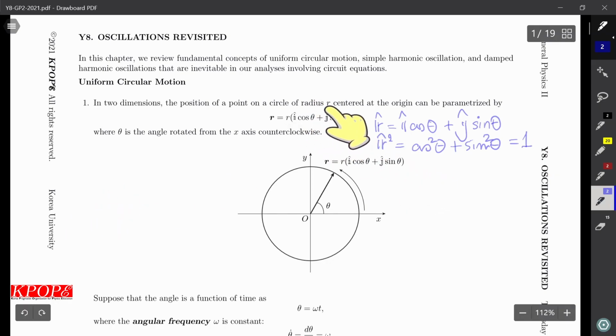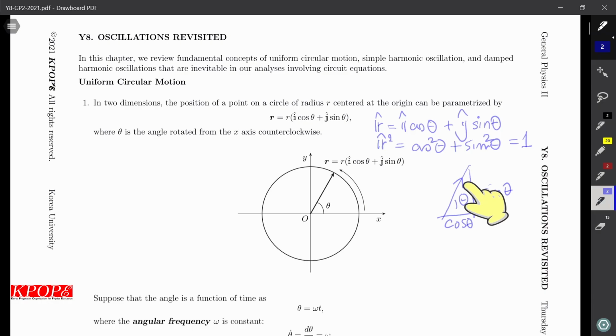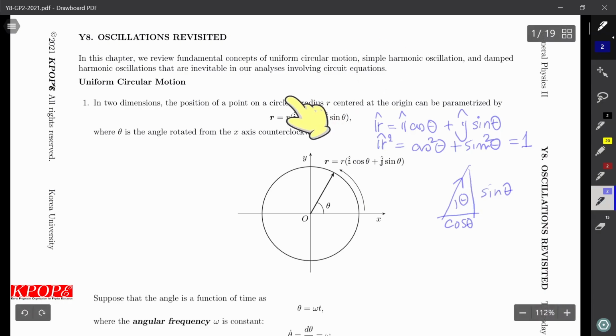The x component is cosine, the y component is sine, so this is a radial direction. The polar angle theta rotates from the x-axis counterclockwise.